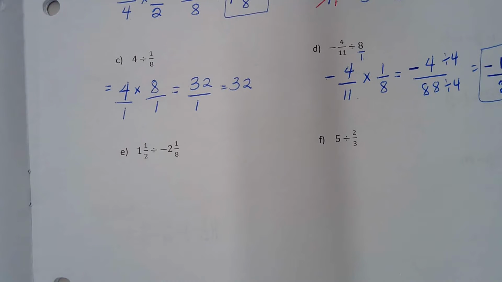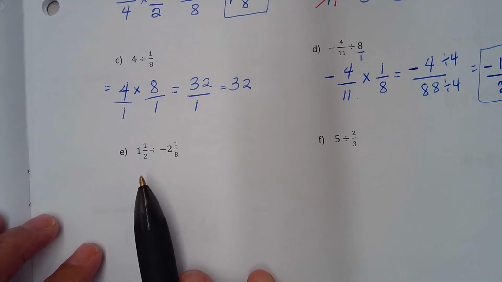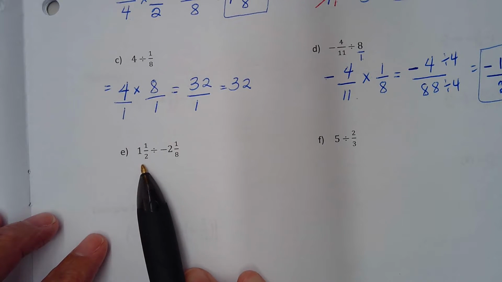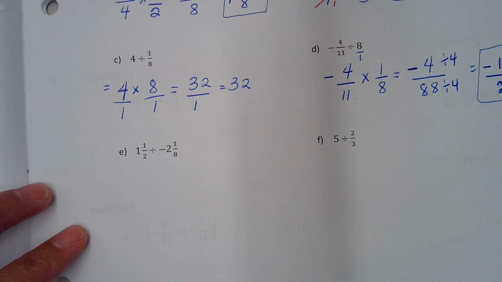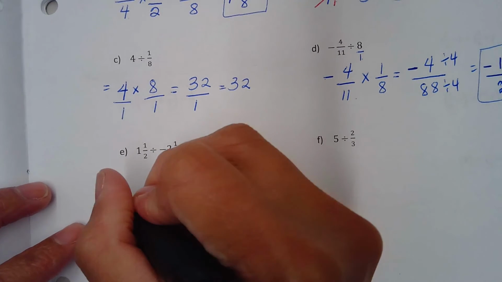We want to put names or vocabulary to our practice here, because we want to get used to using the correct vocabulary. So instead of flipping, use the word reciprocate, right? So this one here is a mixed fraction. We're going to change it to an improper fraction. Somebody already told me the strategy here.